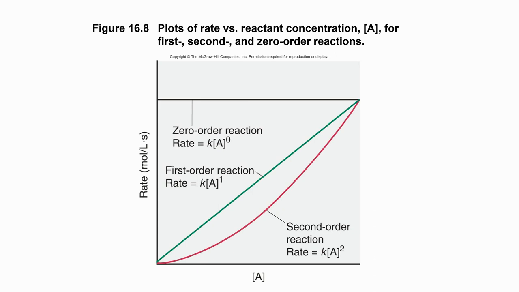If it's first order, if we double A, the rate doubles, so you get a linear relationship. For second order, if you double A, the rate goes up by 4, and so you get more of a curve. That's a graphical representation of how the rate is changing with concentration for each of the 3 common orders.